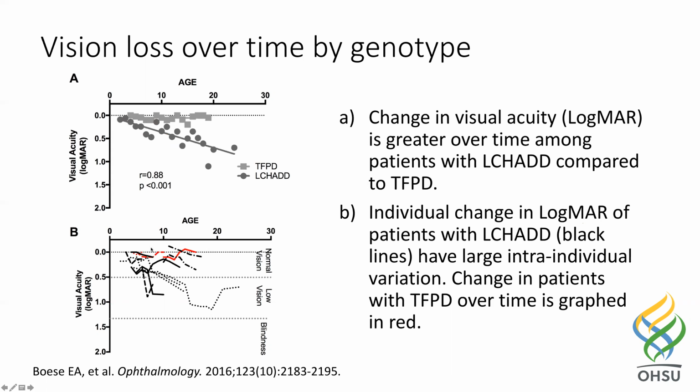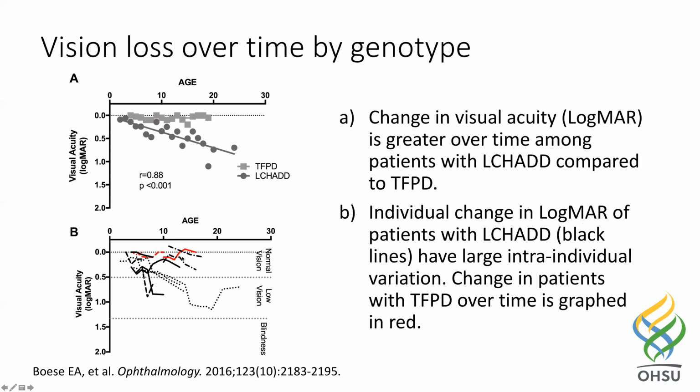If, however, I graph each individual patient, the red lines are the TFP patients and the black lines are the various LCHAD patients, and you can see there's quite a bit of variability. Some LCHAD patients have relatively preserved vision, and some are getting low vision that bounces around a little bit.